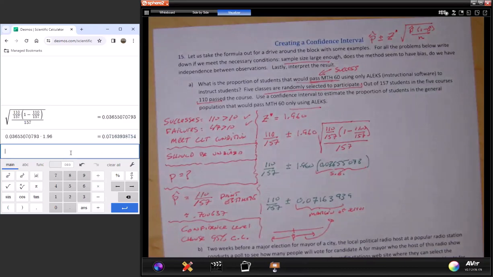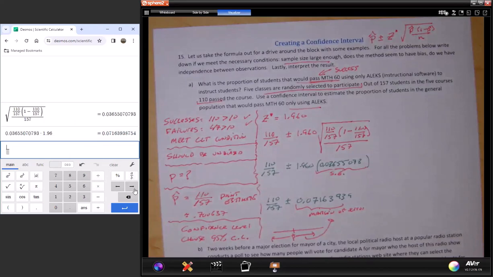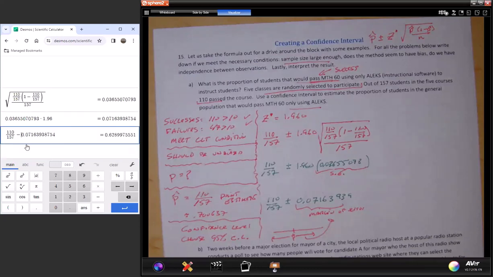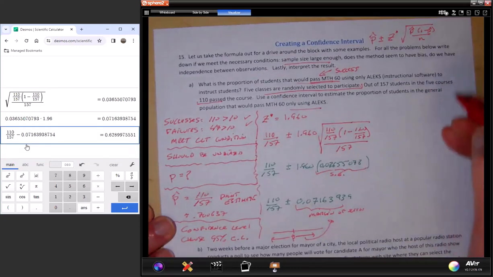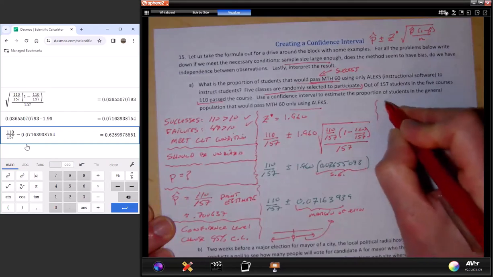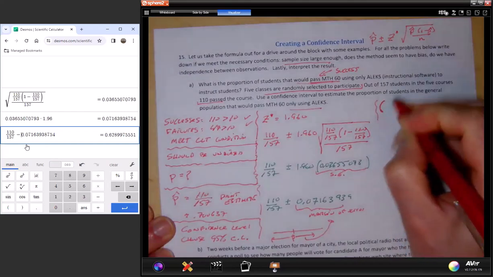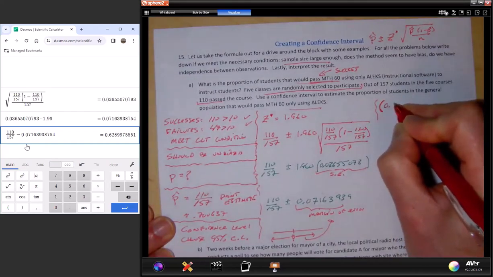Notice again, I'm grabbing lots of decimal places. I'm going to enter this fraction as is. Every time I just grab decimal places, I am approximating, but I'm grabbing so many that it should be fine. There you go. And so when I subtract, notice I get this. So I'm going to write using interval notation. And now I'm going to just approximate.